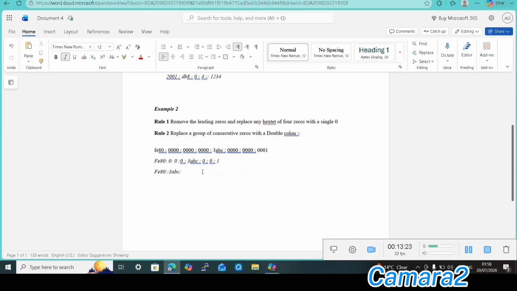We are not replacing them with any double colon. So these ones, we write them the way they are. If you follow the rules, you will get it right. Have 0, 0, and then we write our 1. This is the most simplified version of this IPv6 address written at the top here. So now we have FE80 double colon 3ABC colon 0 colon 0, and then we have our 1 here. So this is the most simplified version of it.